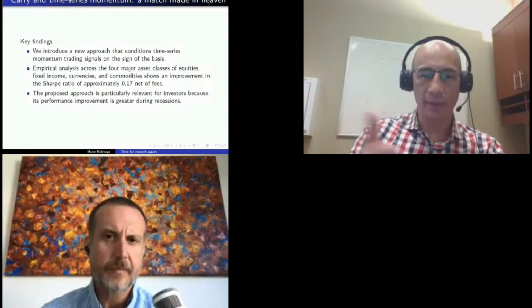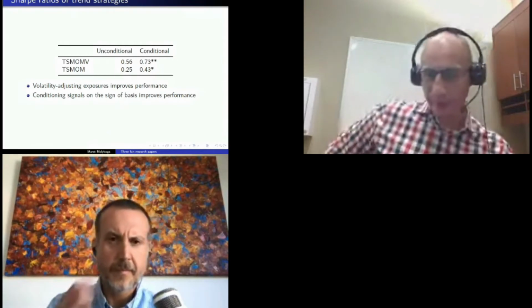So actually, if you look at our results, we found that when you condition signals of trend on the size of basis, which is a very, very simple signal, we can see very significant improvement in the Sharpe ratios of those strategies. So let me just clarify a little bit about what you're looking at.